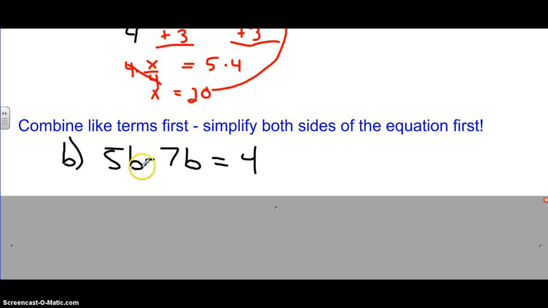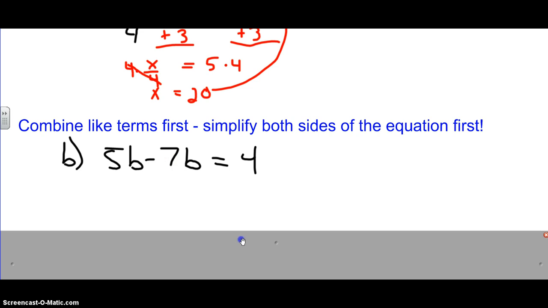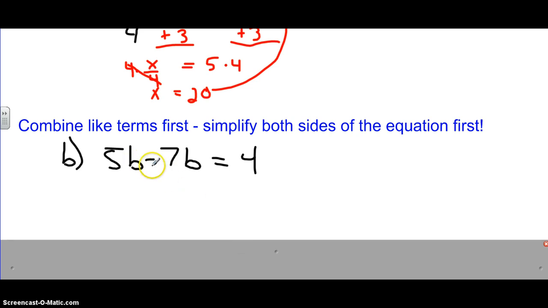We have 5b's minus 7b's. It's like I have 5 boxes minus 7 boxes. These are like terms. They have the same variable to the same exponent. What is that invisible exponent that they each have? 1, right? That invisible 1 exponent. So right now we are going to combine these before we solve for b.